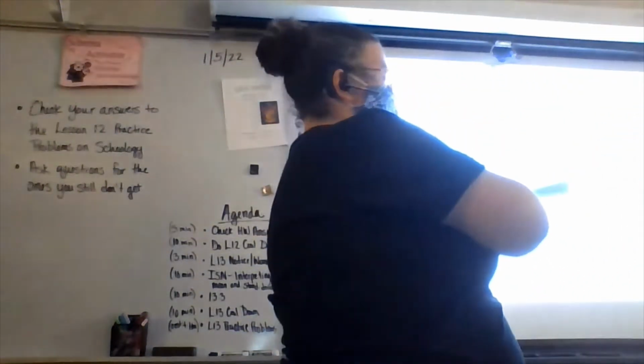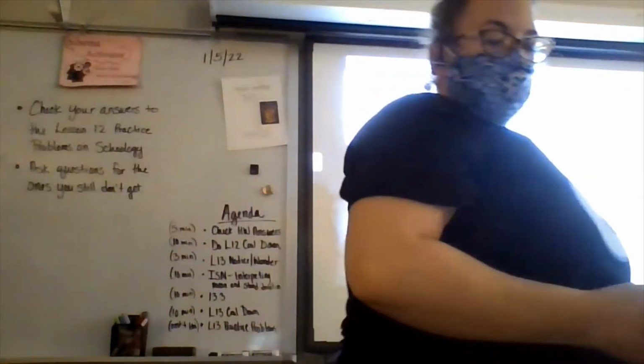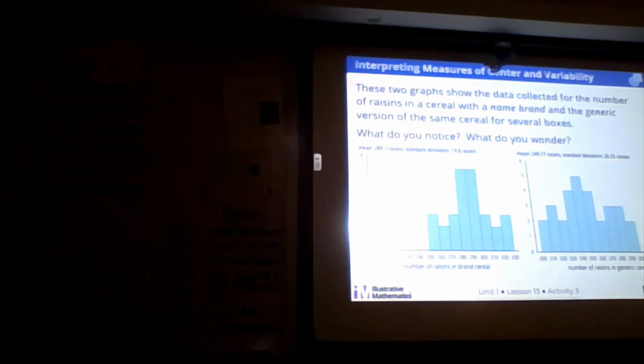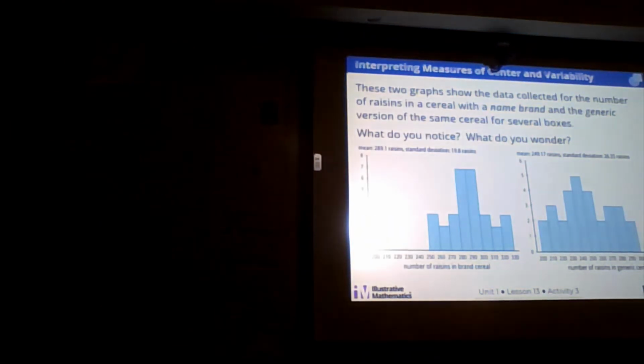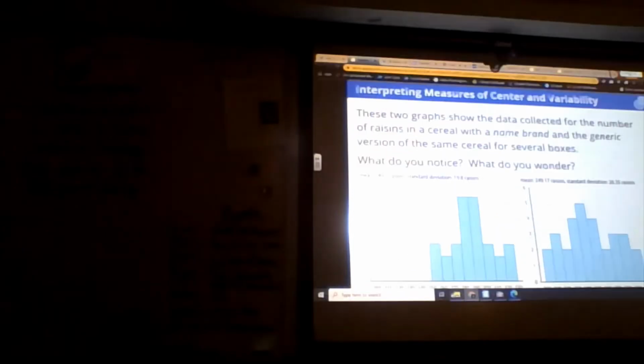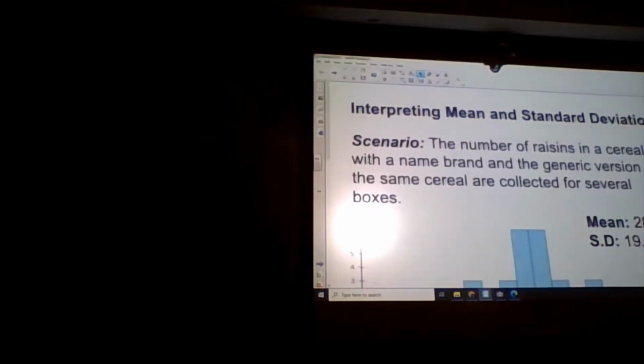So we're going to cut it down the center. Put this one on page 62 and this one on 63. And then we're going to look specifically at the mean number and the standard deviation number for each one and then talk about what they actually mean when it comes to looking at raisins and cereal.